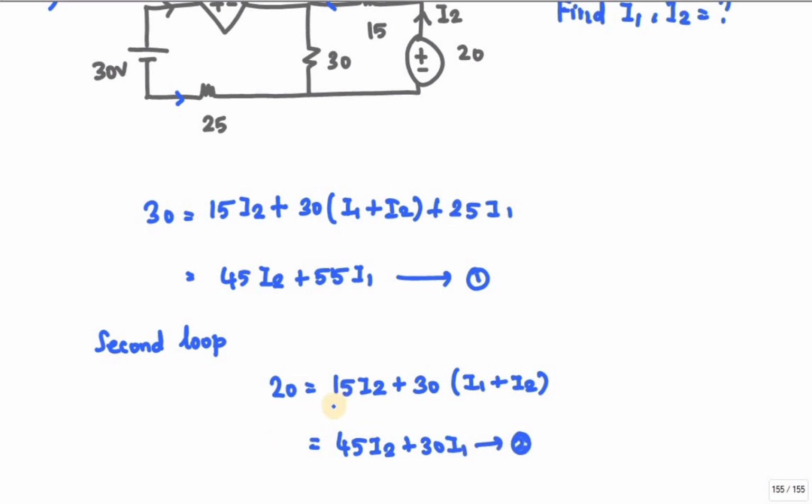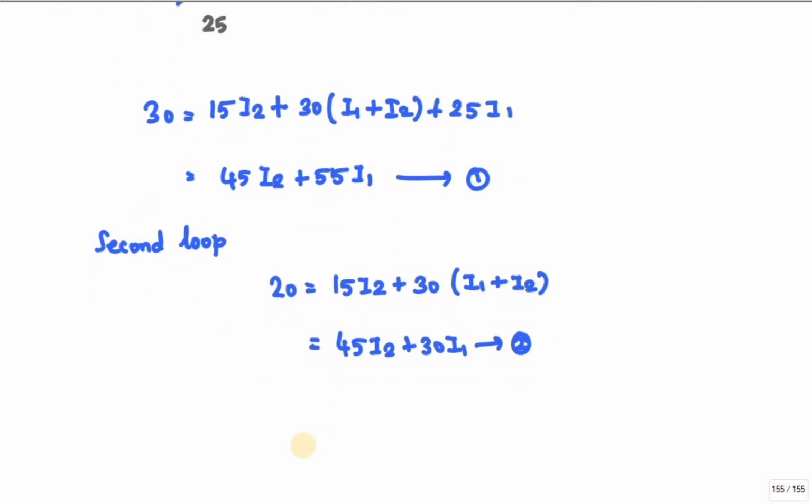So this is my second equation. I have two equations and two unknown terms. From solving these, I will find the values of I1 as 0.4 and I2 as 0.177 amps.